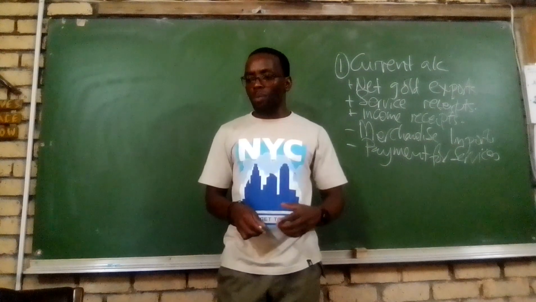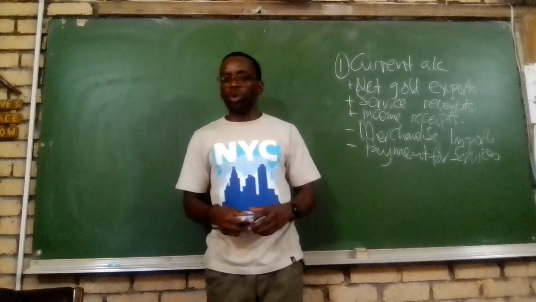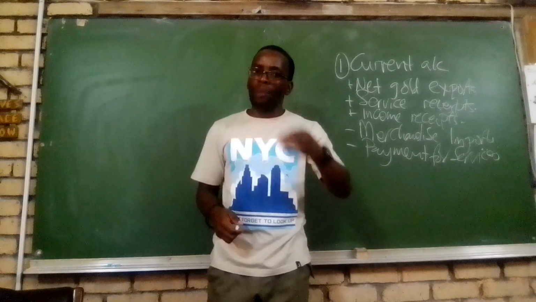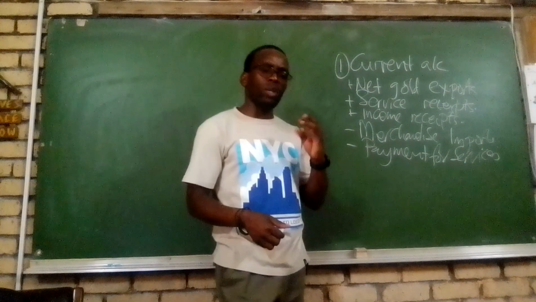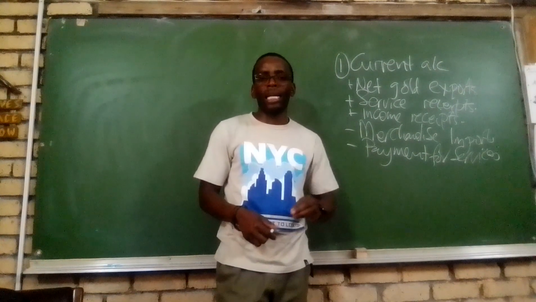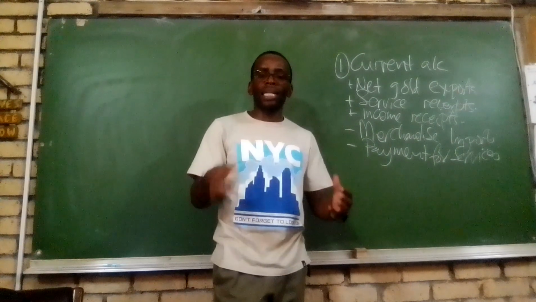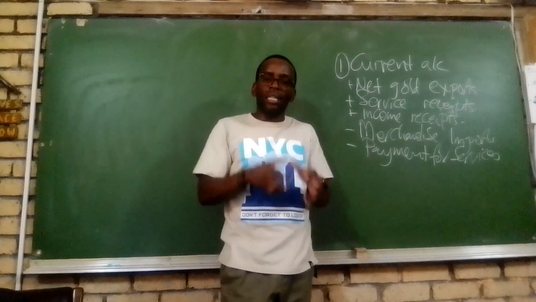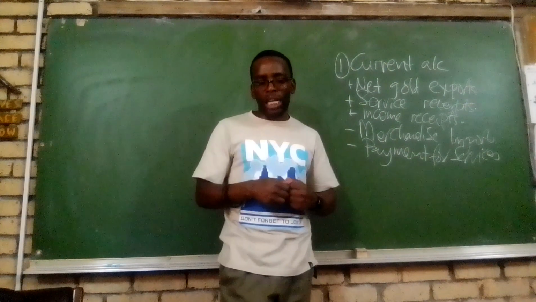And then we also record in our current account things like income payments. Okay, so when we talk about income payments, dear learners, what we are saying is these are payments that are made by the company that is operating in South Africa but is not a South African company.